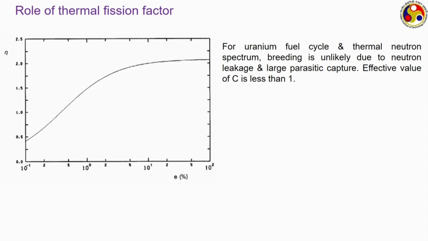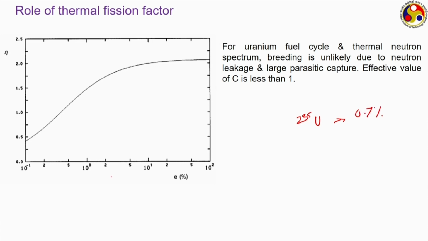Thermal fission factor we know how to calculate, and we also know that for thermalized neutrons, for natural uranium, the uranium 235 fraction is, I am saying something wrong, okay, in natural uranium, uranium 235 is present at 0.7%.